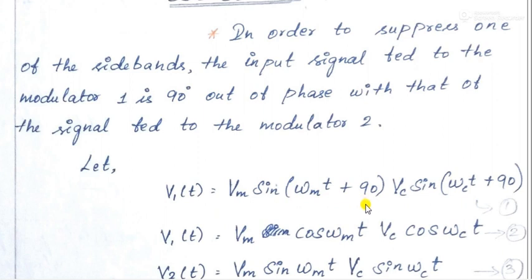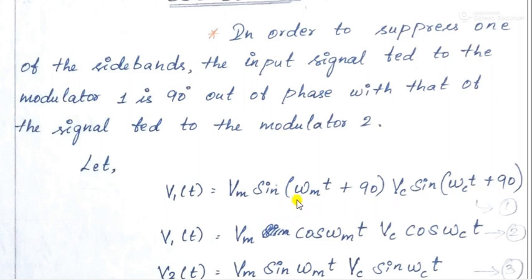That is, modulator 1 is 90° out of phase to modulator 2. Vm is the amplitude of the modulating signal and Vc is the amplitude of the carrier signal. So the carrier signal here is 90° out of phase with the modulating signal.